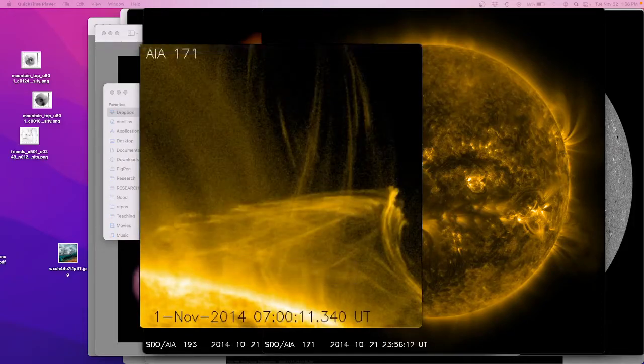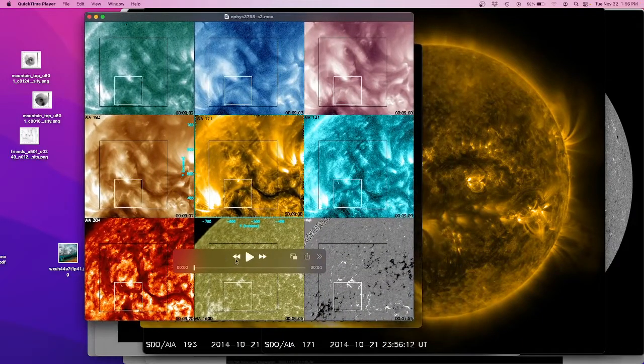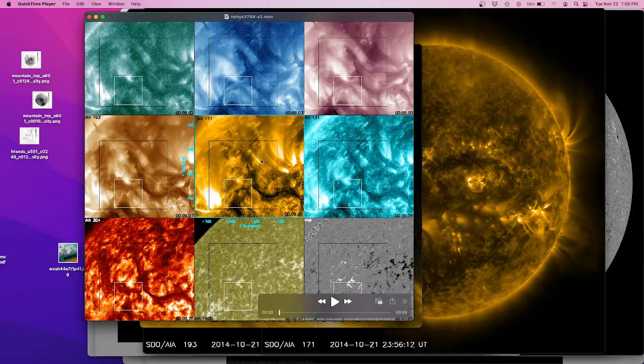So here is a measurement from SDO, the Solar Dynamics Observatory. And the best place to see it is in here. So this is where all the high energy photons are happening. But you have lower energy physics here. You have the corona. Here you have the surface of the sun. Here, the one in the bottom corner is a magnetogram.